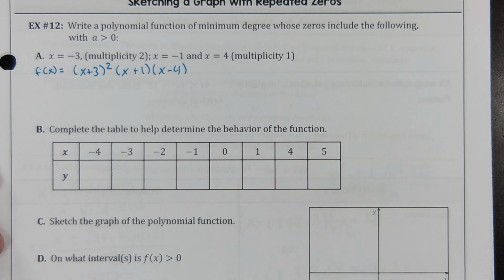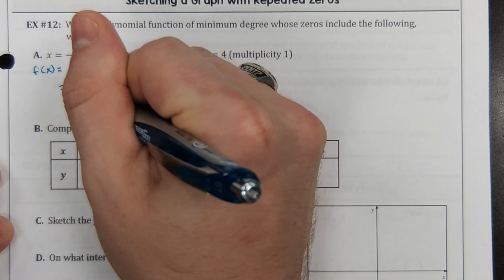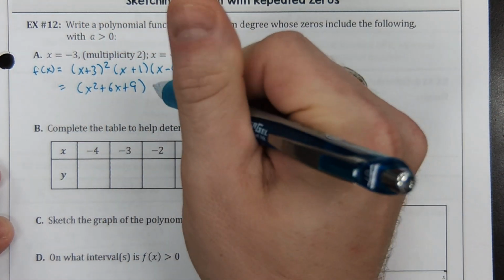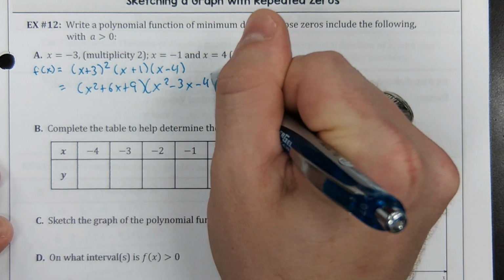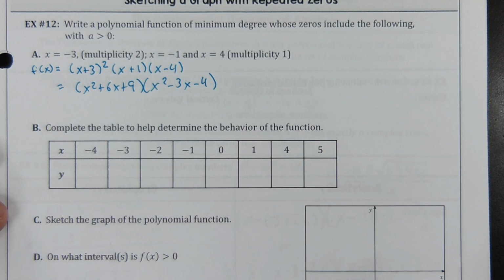You would need to FOIL and do the distributions and all that stuff and combining like terms to figure out what this polynomial is. I mean, the x plus 3 squared would get you x squared plus 6x plus 9. And then the last two would multiply to be x squared minus 3x minus 4. Then, of course, you'd have to do all 9 distributions and combine all your like terms. I'm not going to waste our time.